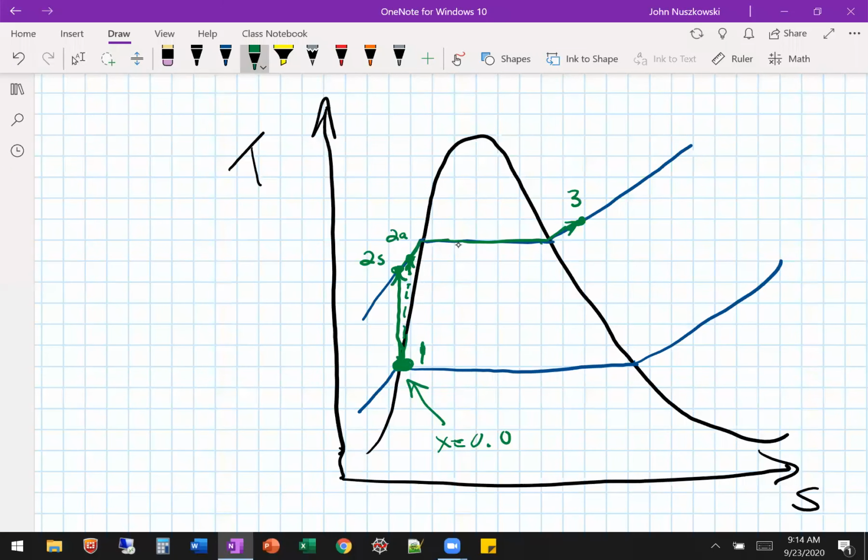So state 3, right? Now we're going through the turbine, and we're expanding. If we expand isentropically, we end up down here, 4S, but we have an isentropic efficiency, so we have irreversibilities go into the outlet.